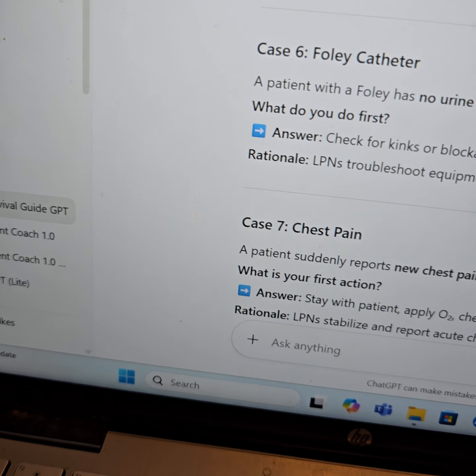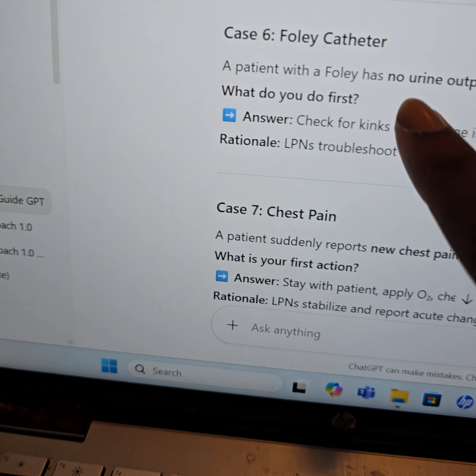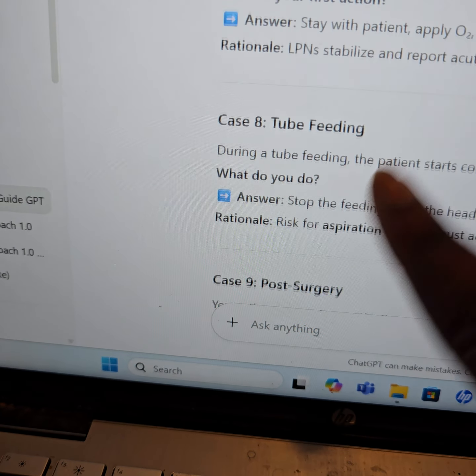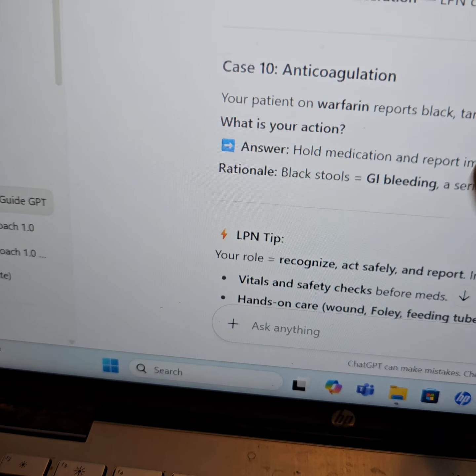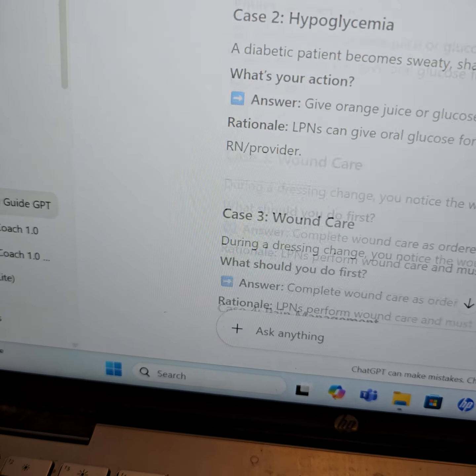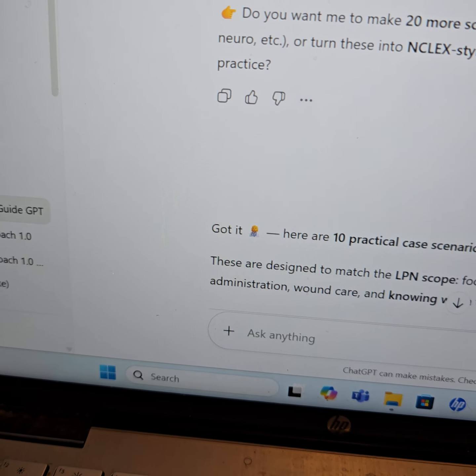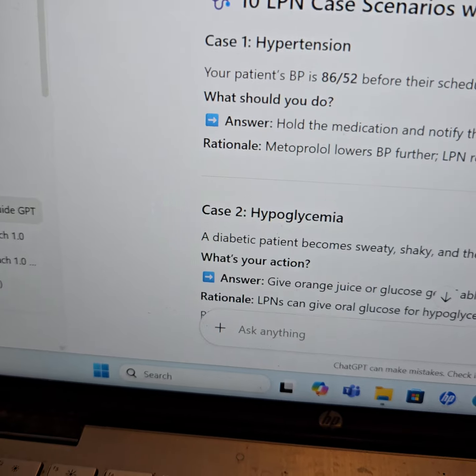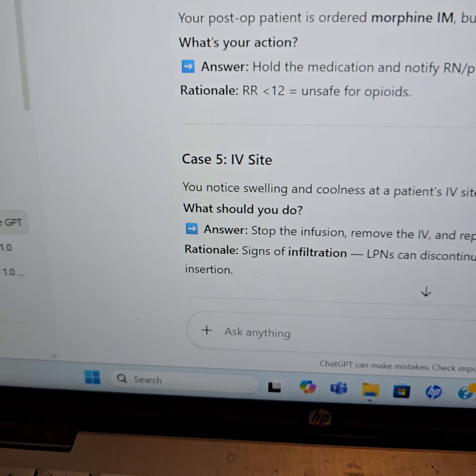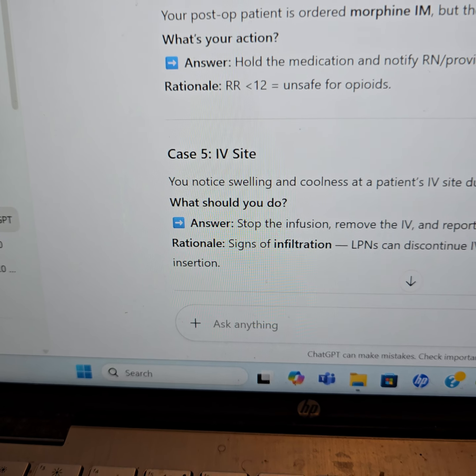It gives you the answers too, if you guys see that. Chest pain, tube feeding, post-surgery. So if you notice, the LPN and RN case scenarios are totally different.